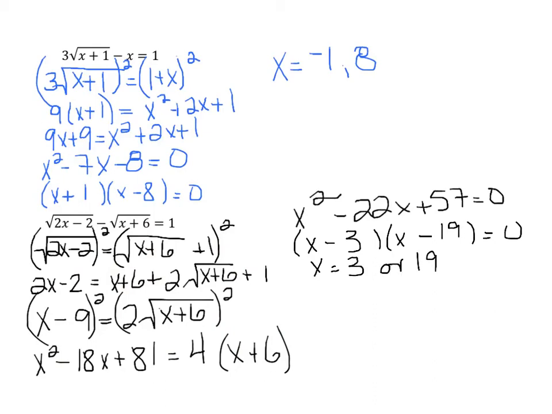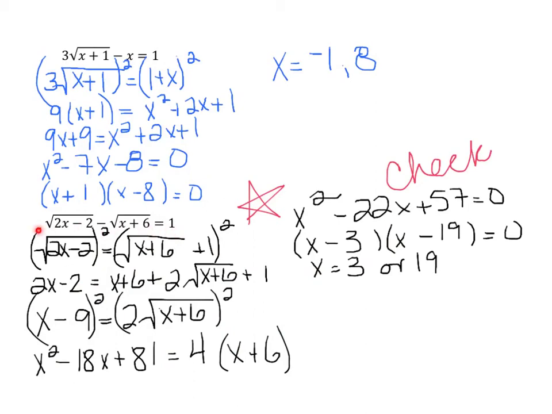Now in this case, which is a specific case, you have to check. And the reason is because you had to square this equation twice. So you can end up with extraneous roots. So you go back to your original up here, and you check to see if it works.